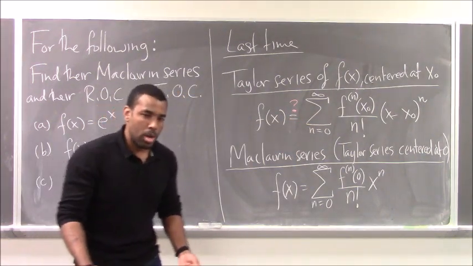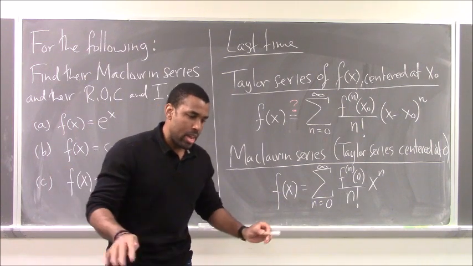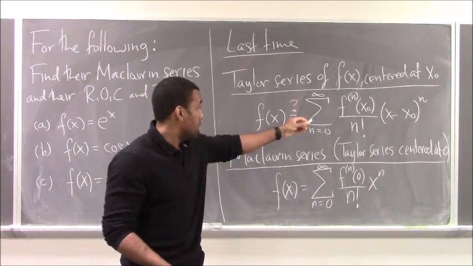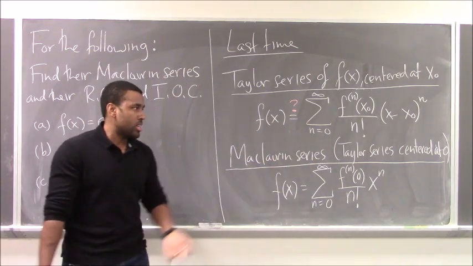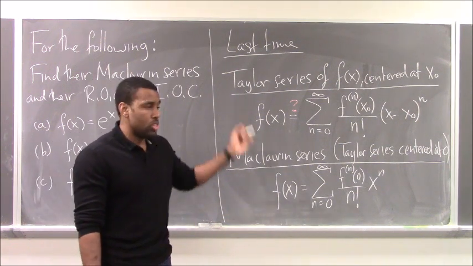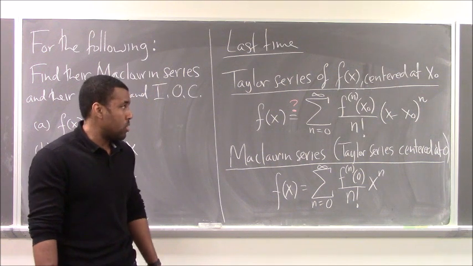I'll talk a little bit about that today, kind of in a hand-wavy way. Your textbook goes into the proofs of why we can say this is equal and under what conditions. I'll tell you what the conditions are, but I'm not going to actually justify them. If you're interested in that, you can read the textbook, but you should be fine without it.